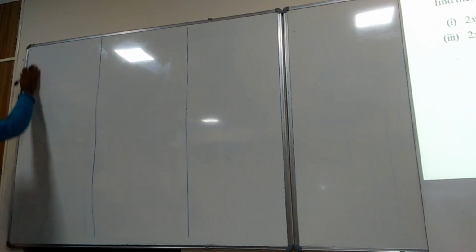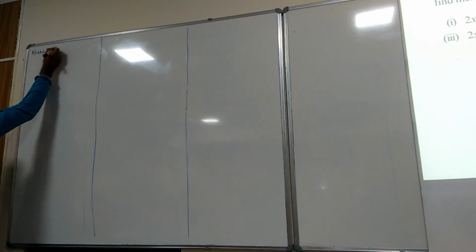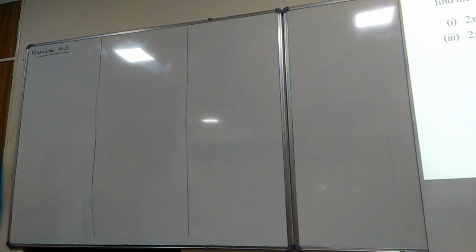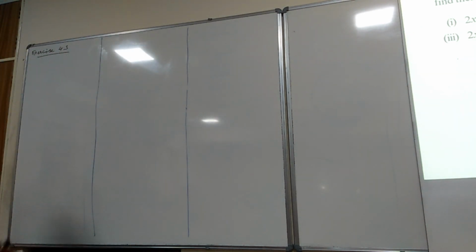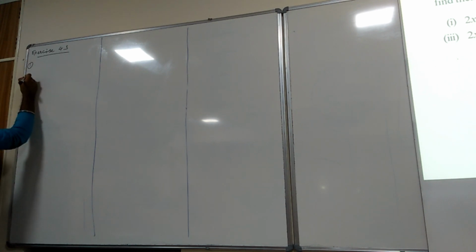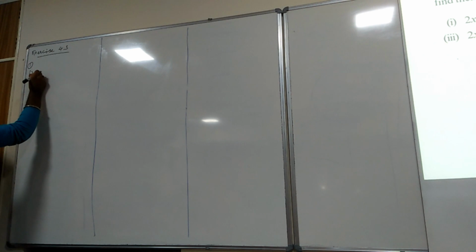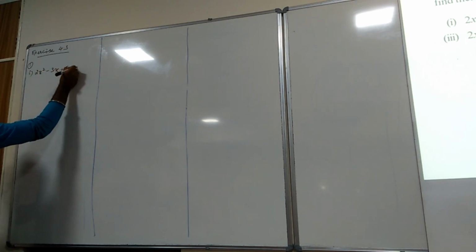So exercise 4.3. Find the nature of the roots for the following quadratic equations, and if the roots exist, find them. Okay, this is our first question. First sub question we have here is 2x square minus 3x plus 5 equal to 0.